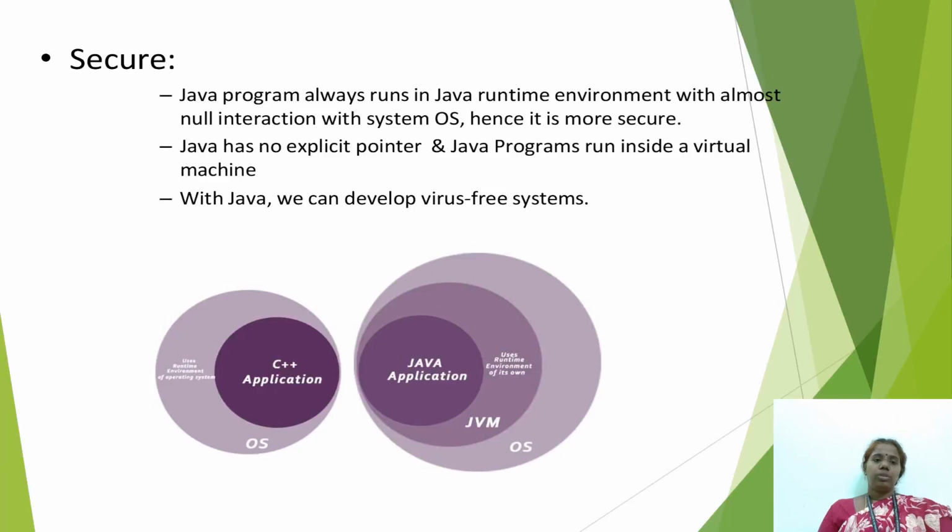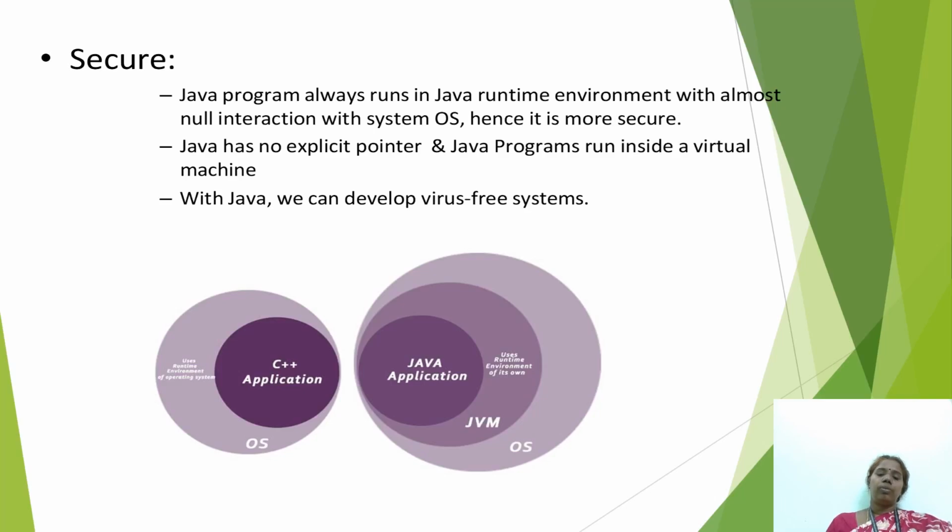The next feature is secure. A Java program always runs in the Java runtime environment with almost null interaction with the system OS, hence it is more secure. Java has no explicit pointer and Java programs run inside a virtual machine. So with Java we can develop virus-free systems. Observe that diagram.